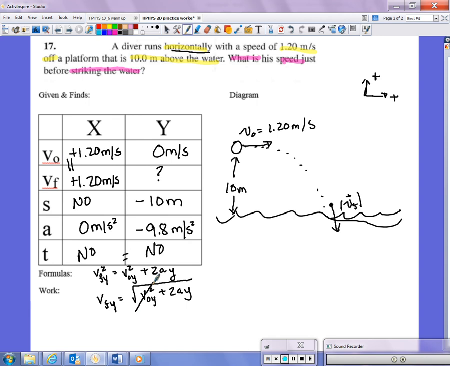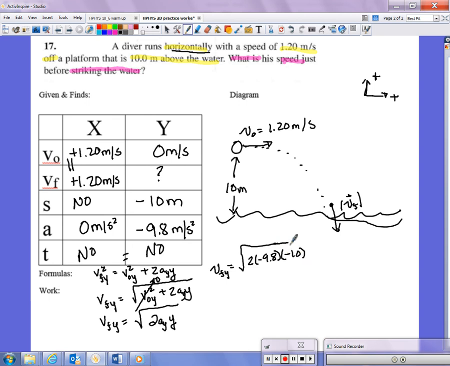Oh, and I should have taken this out because this is 0. So really Vfy is equal to the square root of 2ay. And I'm leaving my subscripts in to make sure that I'm really clear about what I'm doing. Alright, so now I can just plug in Vfy is equal to the square root of 2 times negative 9.8 times negative 10.